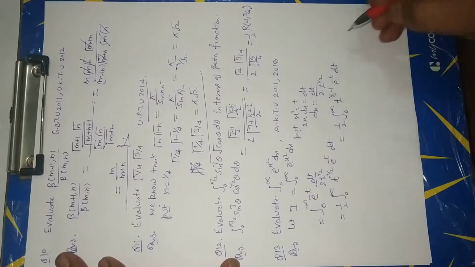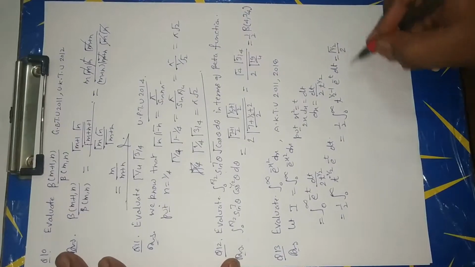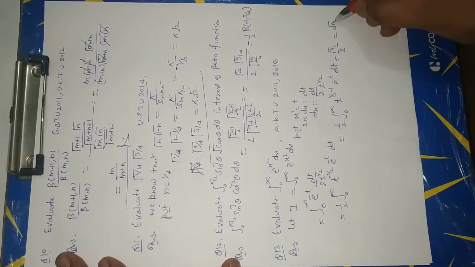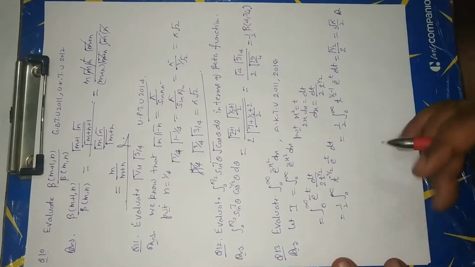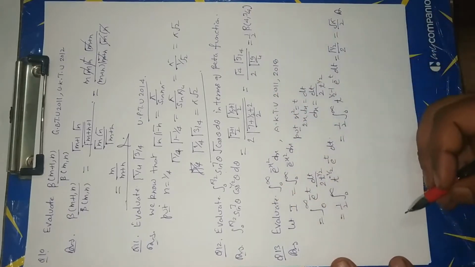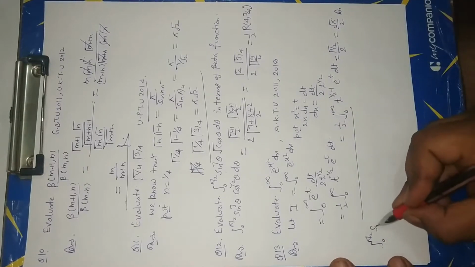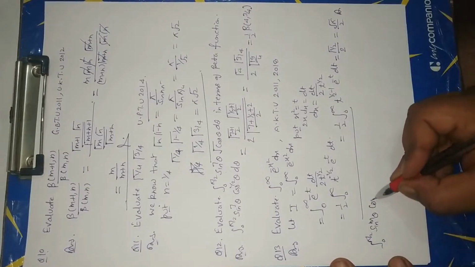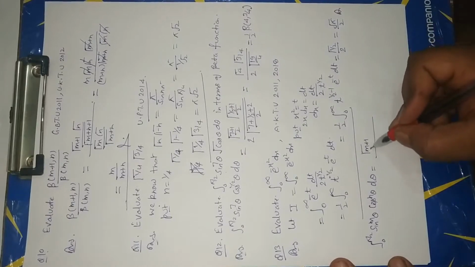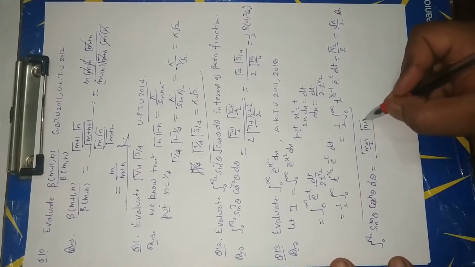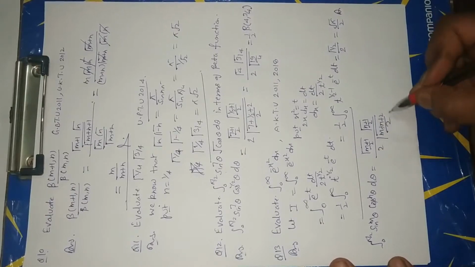This is the definition of gamma(half), so 1 upon 2 times the value of gamma(half), which is under root pi upon 2. The formula used here is: integral limit 0 to pi by 2 sin to the power m theta cos to the power n theta d theta is equal to gamma(m plus 1 upon 2) gamma(n plus 1 by 2) upon 2 gamma(m plus n plus 2 by 2).